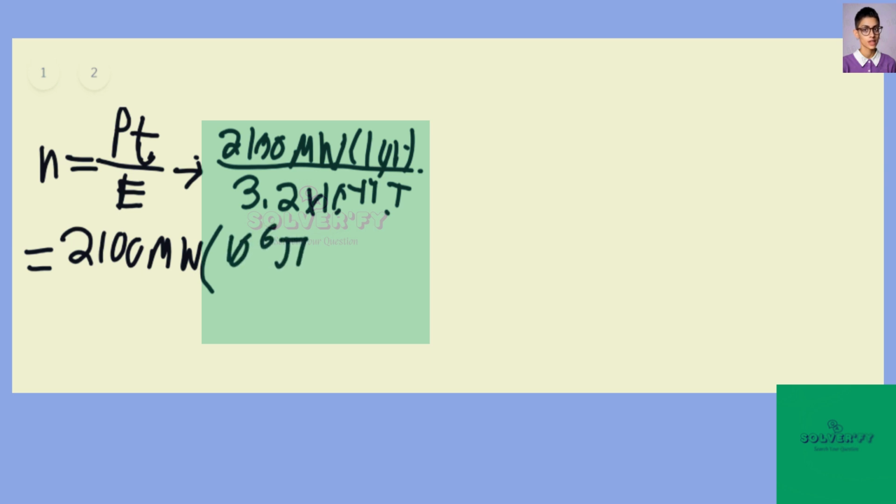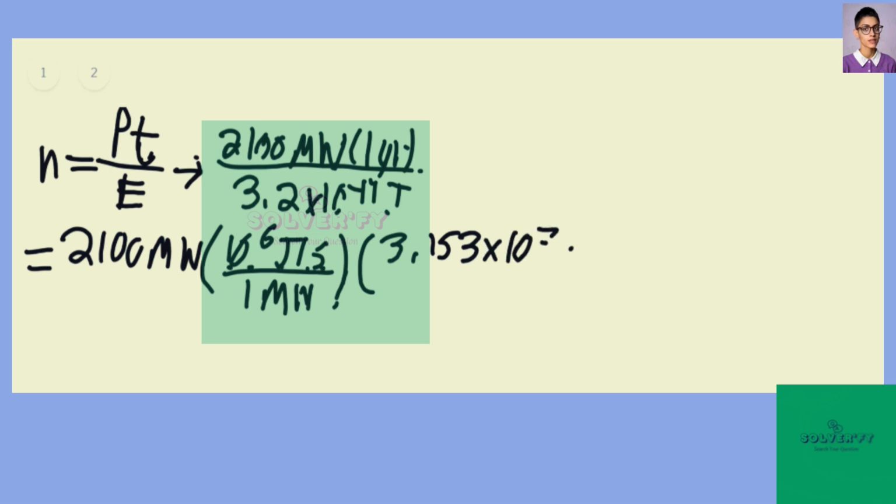So we have 2100 megawatts, times 10 to the 6th joules per second for 1 megawatt, and then the seconds in a year, 3.153 times 10 to the 7th seconds in 1 year, times 1 year.